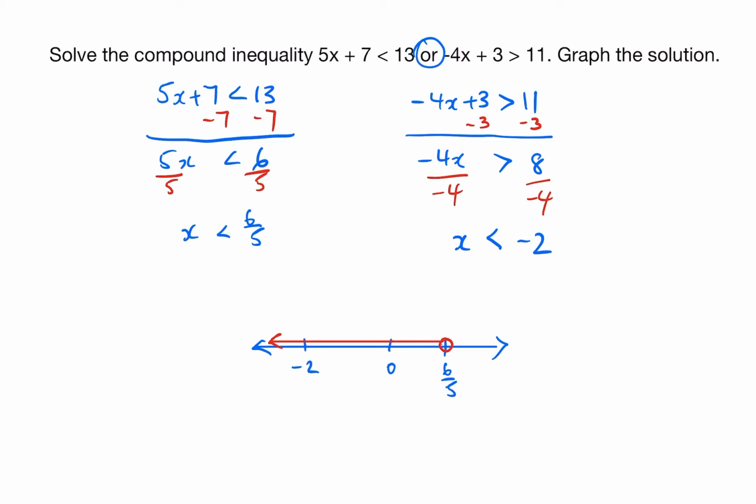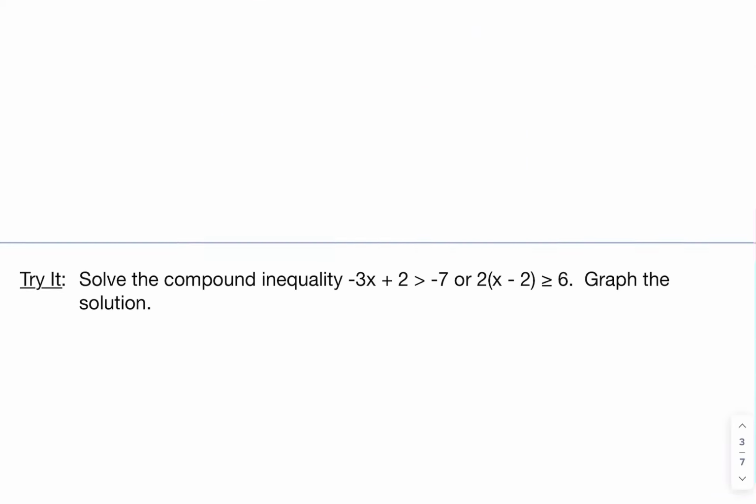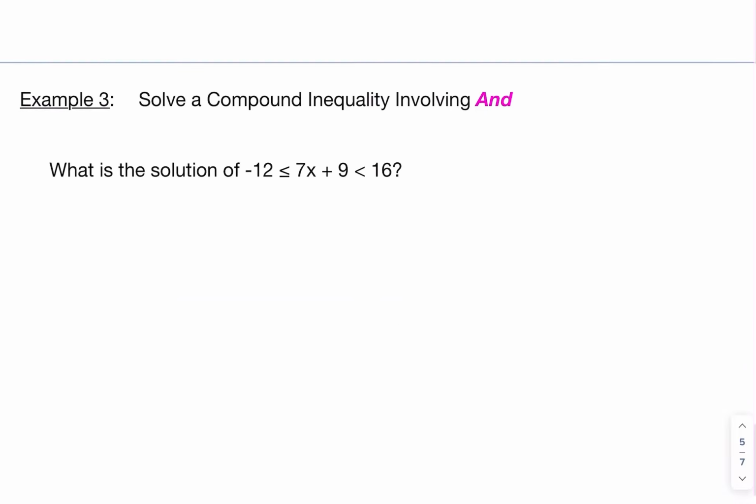In other words, x less than 6/5 is a much larger set of numbers than x less than negative 2. And since x less than negative 2 is a smaller set, we won't need to graph that because the larger set already includes that. All right, so let's move on to example number 3.